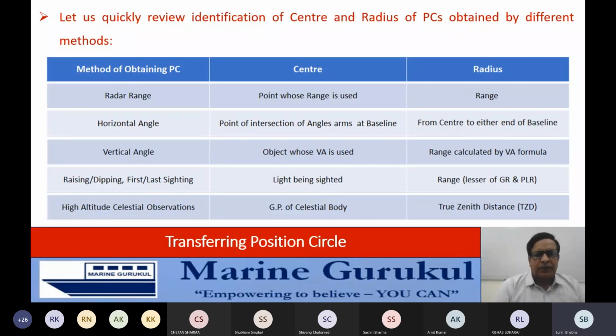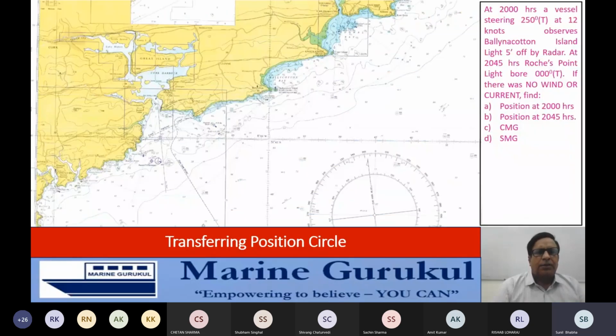Okay, very good. So let's proceed ahead then. Now with this background to transferring of position circle, let us consider some examples in which we'll learn how to transfer the position circle.